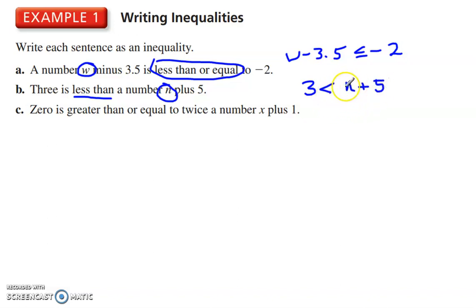Now notice that here the variable's on the right side, so when you were to graph this, you can't follow that sign unless you flip it around. 0 is greater than or equal to twice. Twice means 2 times. Twice a number x, 2 times a number x, 2x, plus 1.